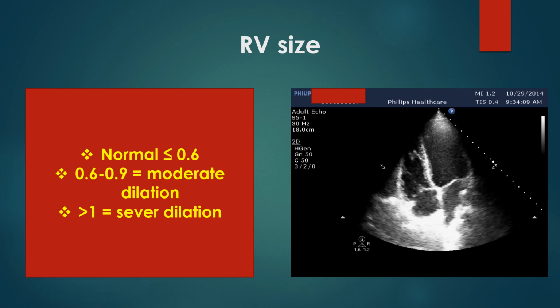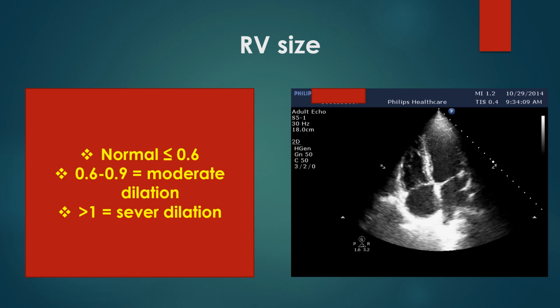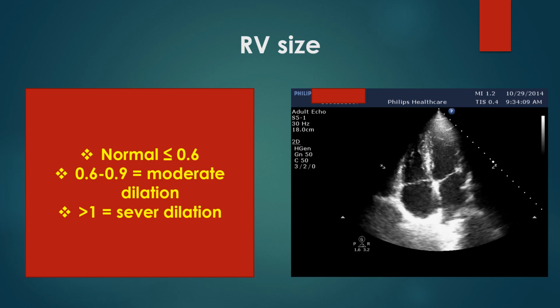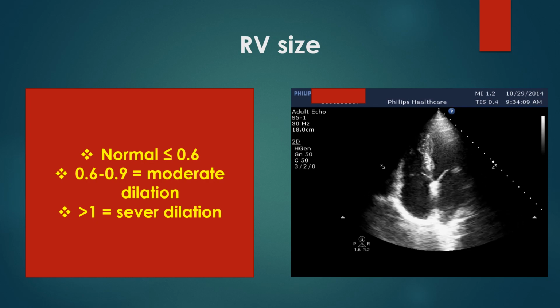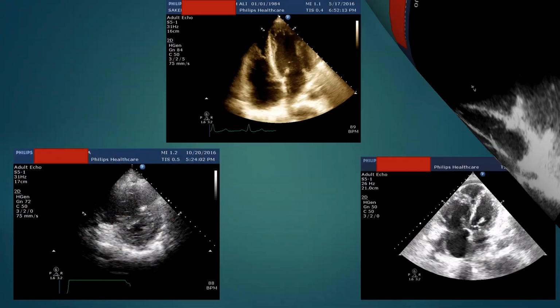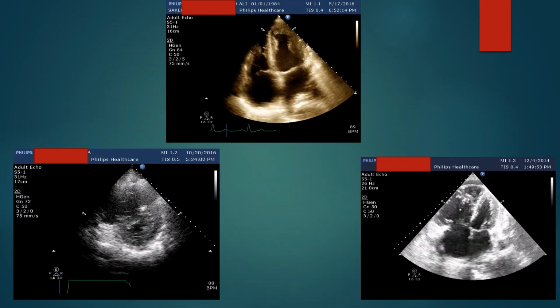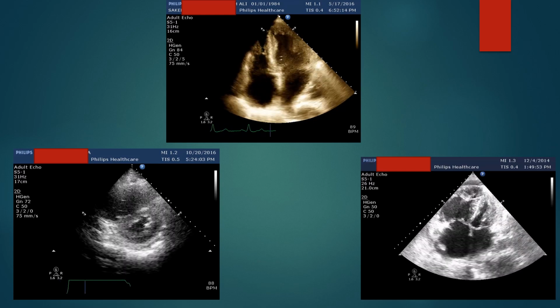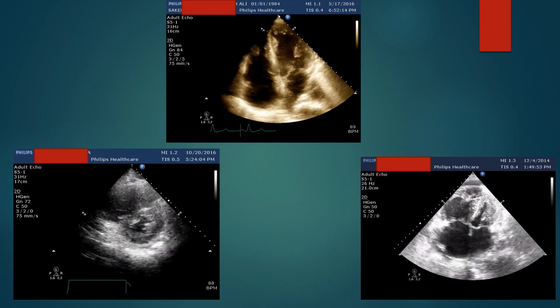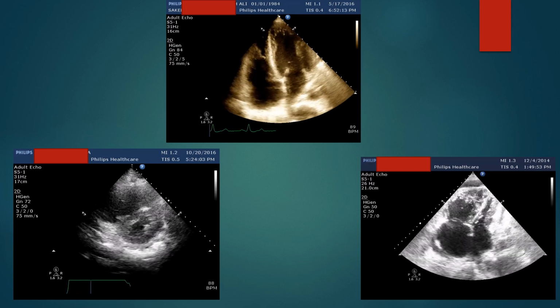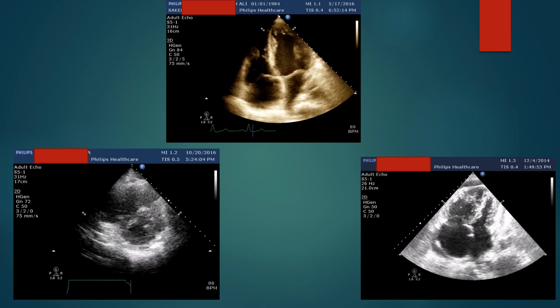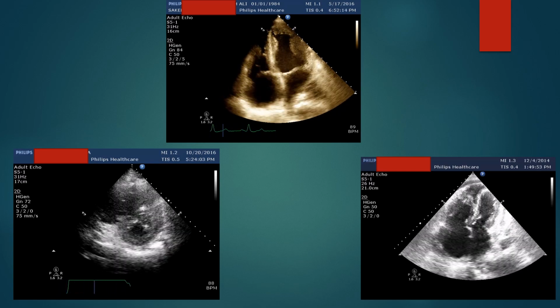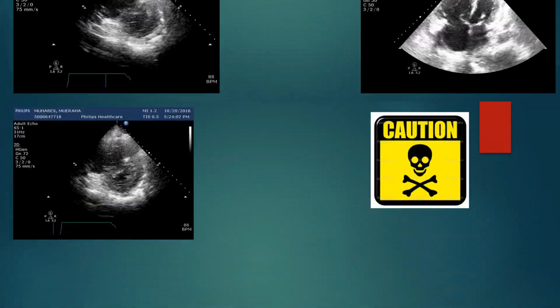Normally it's less than 0.6, as I mentioned. When it's more than 0.6 to less than 1, we call this moderate dilation. If the RV is equal to or more than the size of the LV, this is severe dilation. It can be diagnosed very easily from the apical 4 chambers and from the parasternal short axis, and again you're going to see the septum is flattened and shifted.